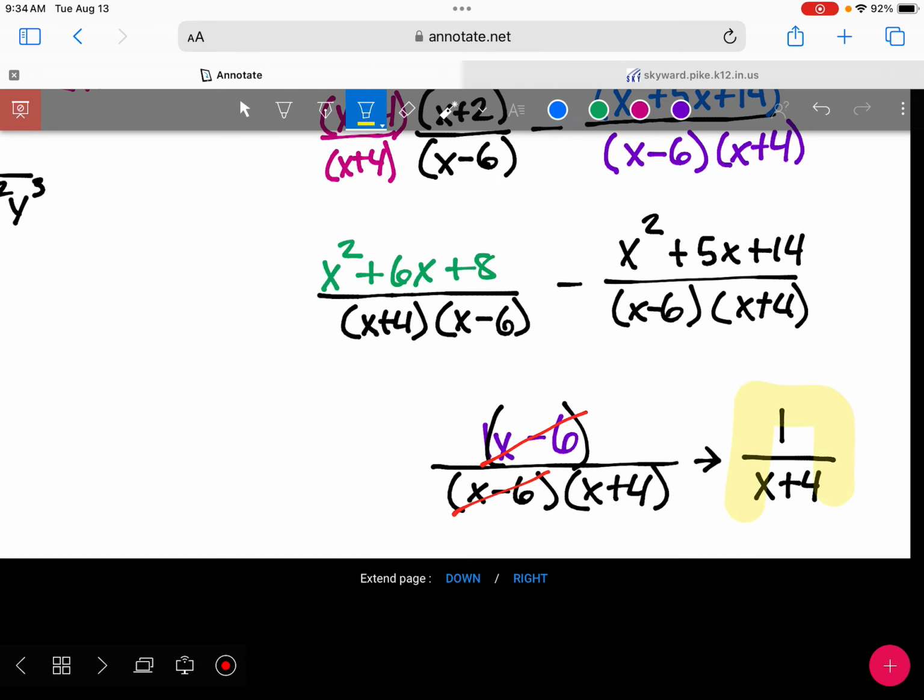And I know these are a bit of a mess. We're going to practice these a couple more times because these things are weird. And there's a couple in the homework that are like, whew, crazy.